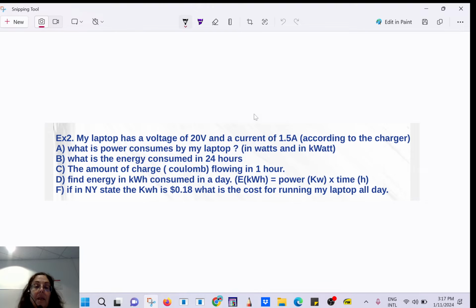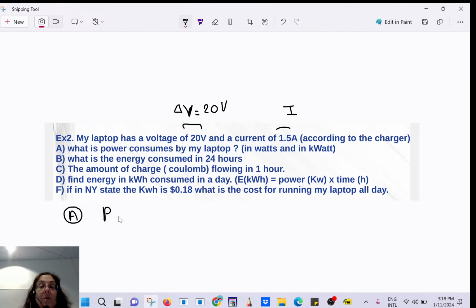It doesn't like that. So the voltage drop across my laptop to make it work is 20 volt, okay? And I'm going to do it like this. So that will be the voltage and that will be the current. So I look at my charger, and it says it needs 1.5 amp and it needs 20 volt. So then you can find the amount of energy consumed by your laptop.